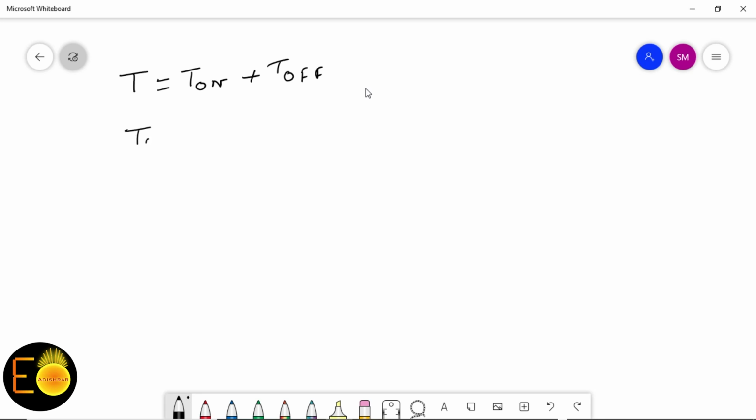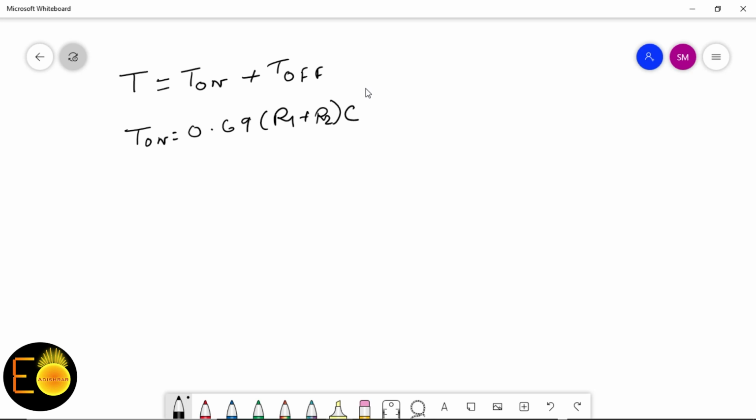The calculation shows, and you can find this in my lecture series on analog circuits where I have explained in detail how you get the exact expression, that T on is 0.69 times R1 plus R2 times C.